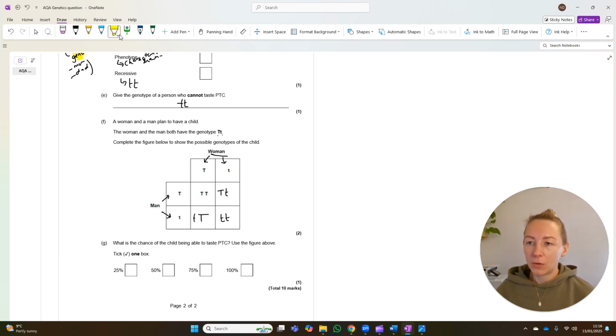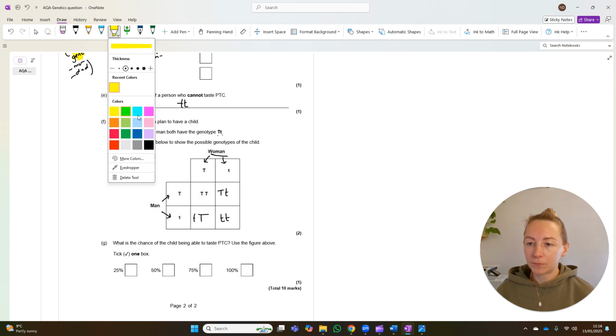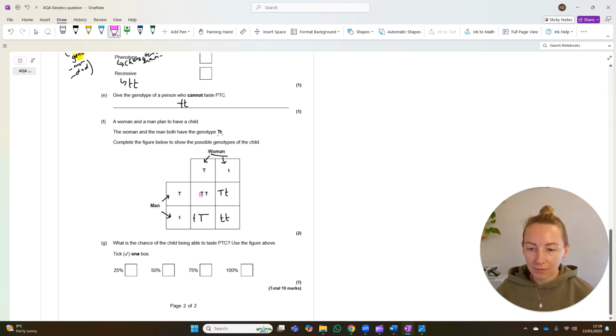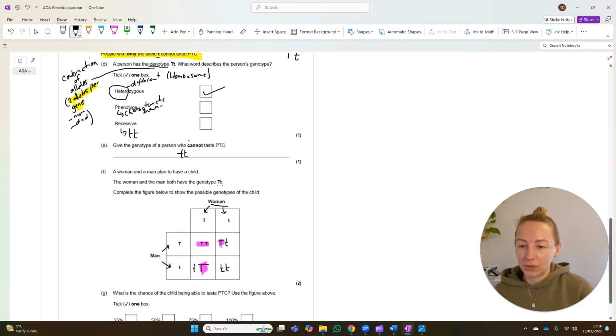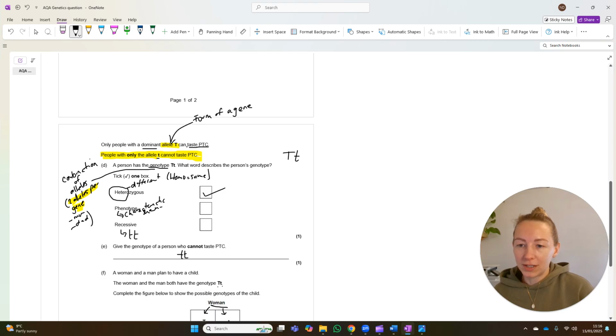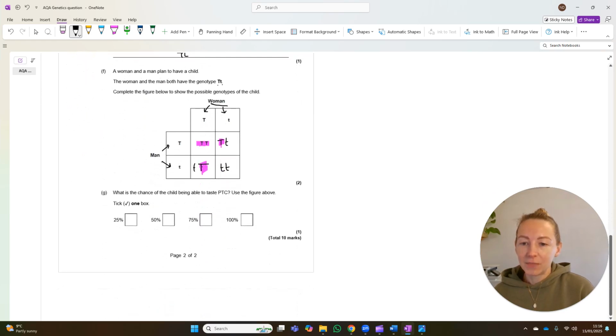So in all of these three, we can see that there is at least one big T, one there, and one there. So all of these three have got a dominant phenotype, and what did the question say? That people with a dominant allele can taste PTC, so these 3 out of 4 can taste it.